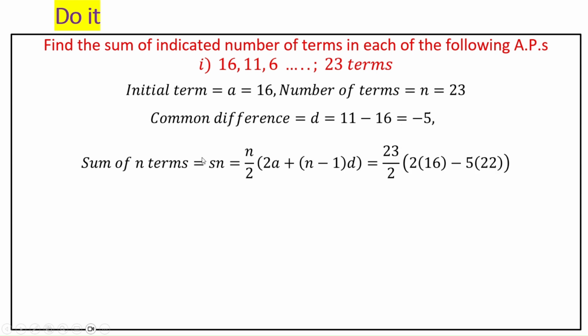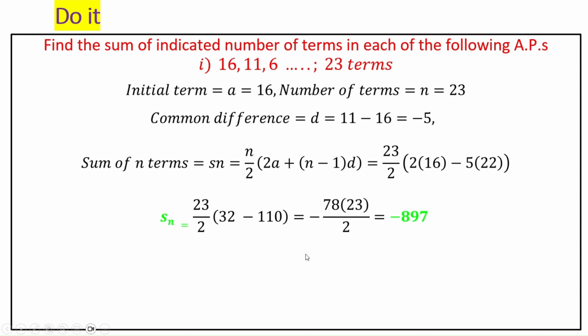Now Sn, the sum of n terms, equals n by 2 into 2a plus n minus 1 into d. If I substitute all the values, what I will get is minus 897. This is the answer.